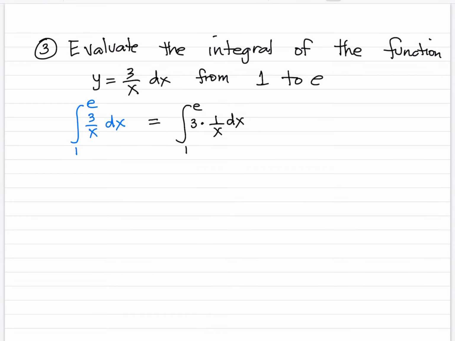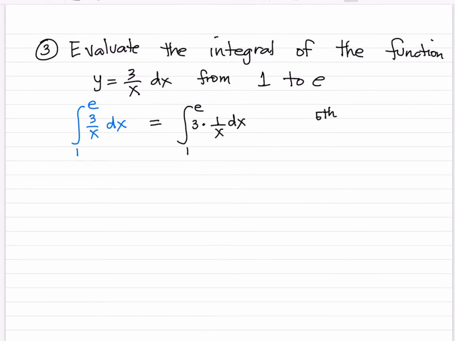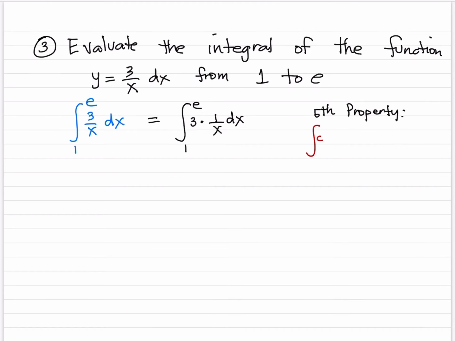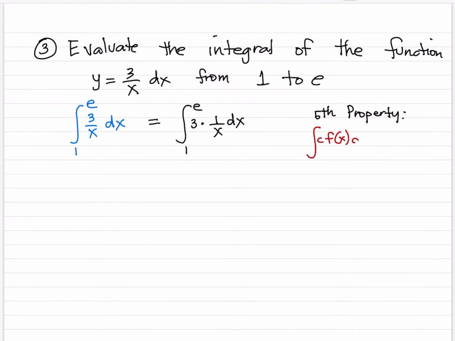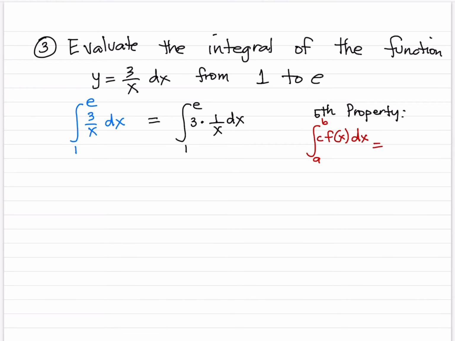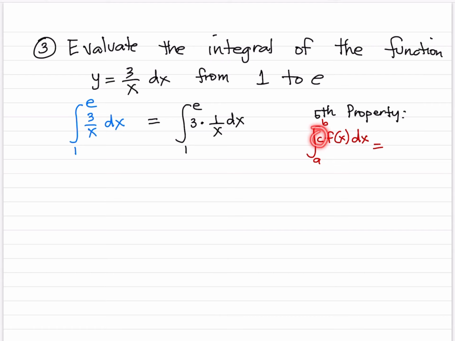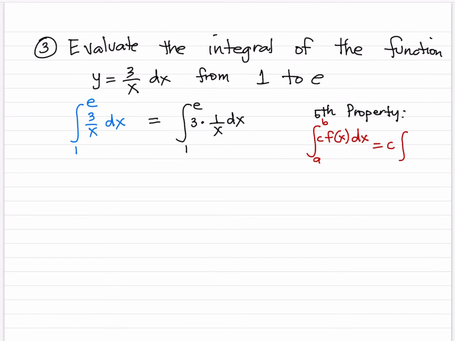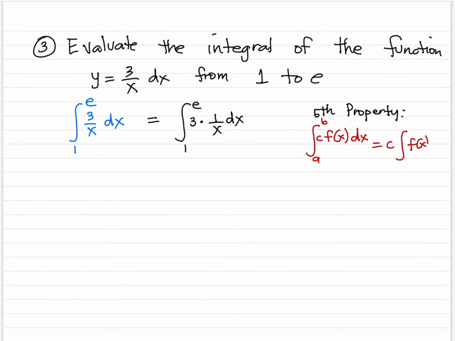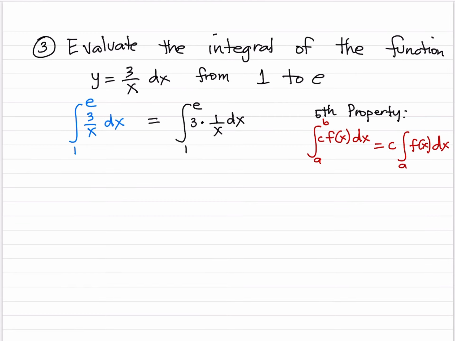Yes, we shall make use of the fifth property, which says the integral of c f of x dx evaluated from a to b is simply equal to c times the integral of f of x dx evaluated from a to b.